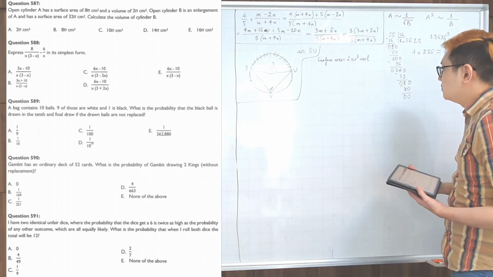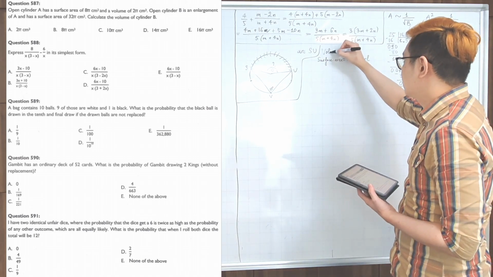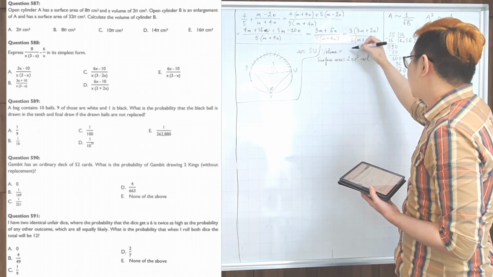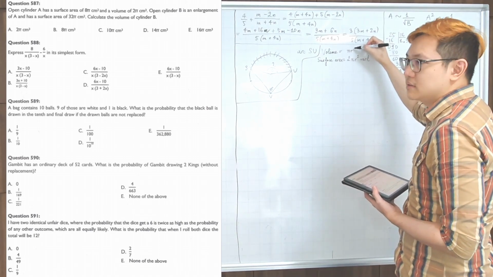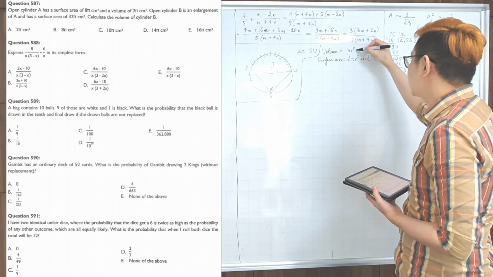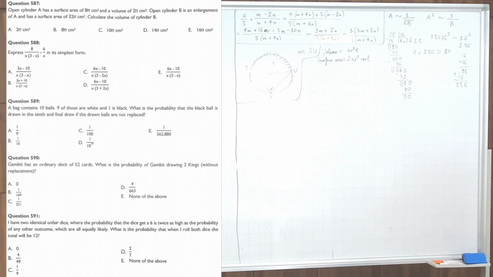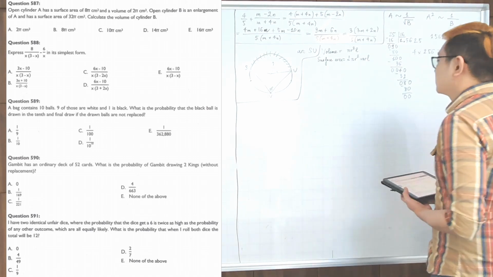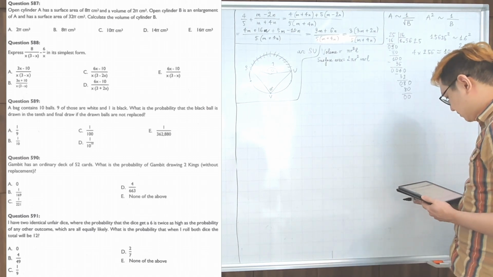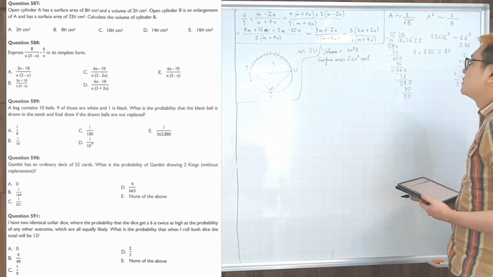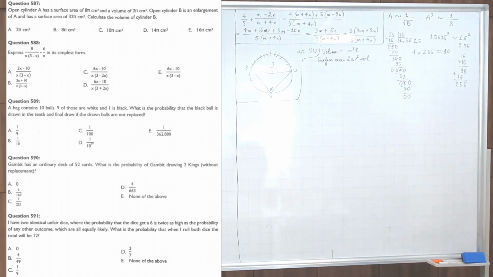Now volume is one base, pi r squared, times the length, pi r squared l. This question is hard.